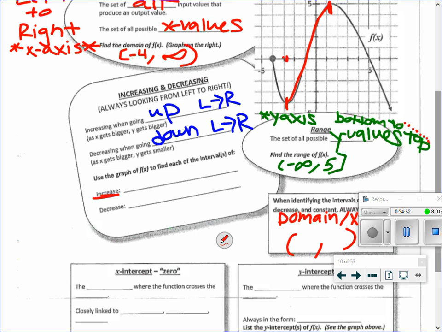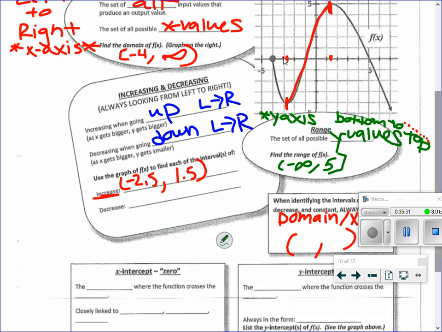It doesn't have to be perfect. So negative 2.5, and remember, what do I use to show increasing and decreasing? Yes, parentheses. So -2.5 is where I start increasing, and my function's increasing all the way until here, which is like 1.5. So I'm increasing from this x value all the way to this x value. That's what we just showed right there.